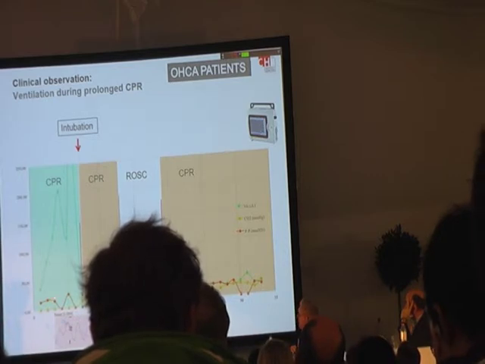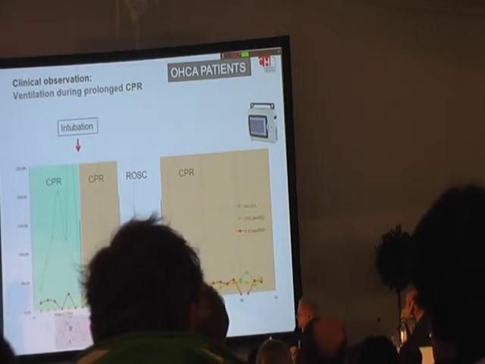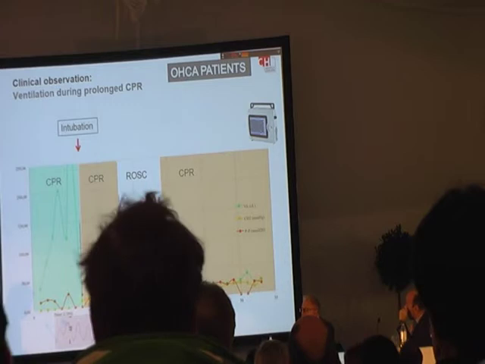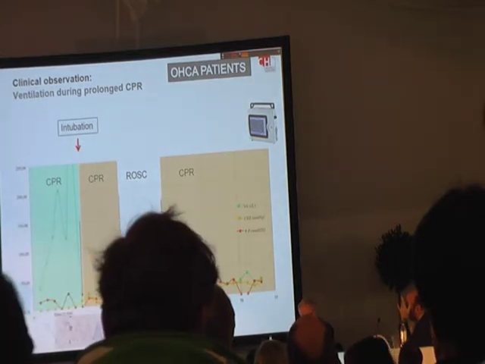This is in red the PP airway, assessing chest compression, and in yellow the CO2, which is 0 because of the leaks. After intubation, you can see that the CO2 is there and consistent with chest compression in red, and some tidal volume due to the ventilator.